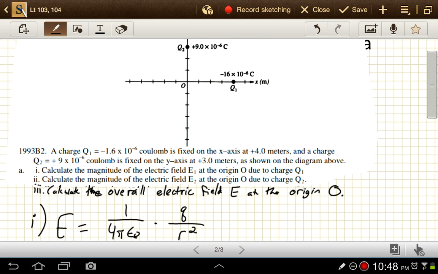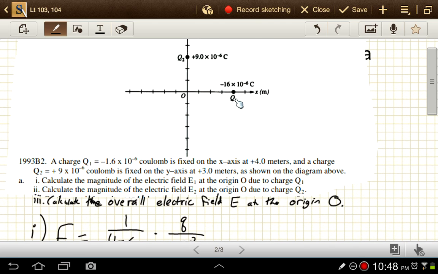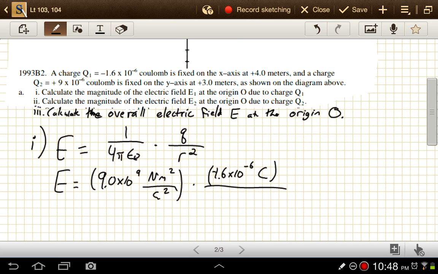negative. Oh, I misread that. Negative 1.6 times 10 to the negative 6th coulombs. And then divided by our distance here, looks like 4 meters away. So that gets squared. So 4 meters squared.